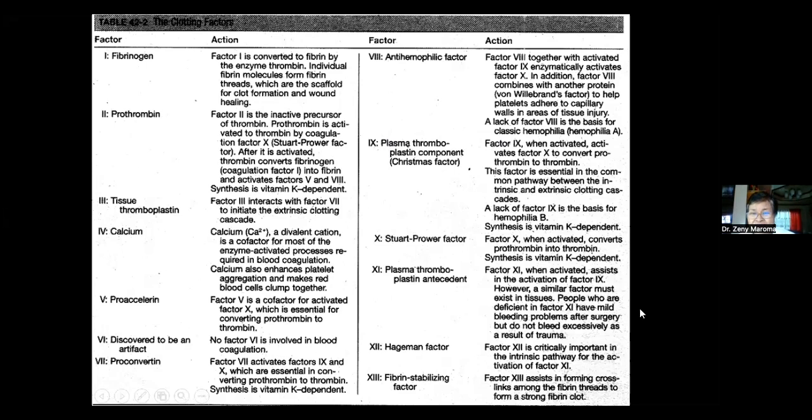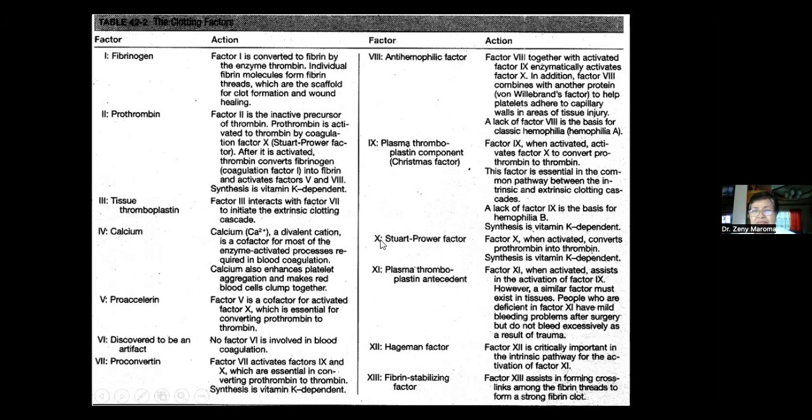Anyway, each clotting factor has a role, and they work together with one another. For example, prothrombin. Factor 2 is the inactive precursor of thrombin. Prothrombin is activated to thrombin, meaning prothrombin is inactive and its active form is thrombin. But it needs Stewart factor, factor 10.